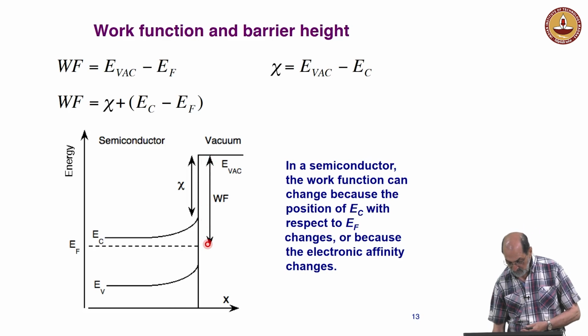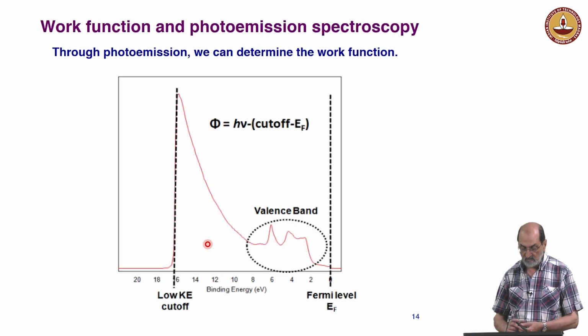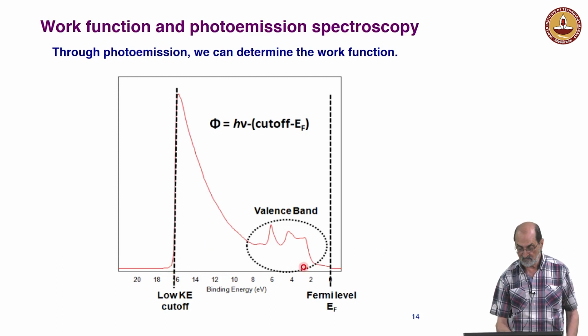So if you measure that, from the Fermi level to the lower kinetic energy cutoff in photoemission, this distance is going to be h nu minus the work function. And this is the width. This should be the other way, and then we can extract from there the work function.